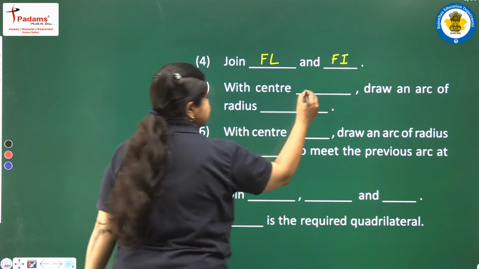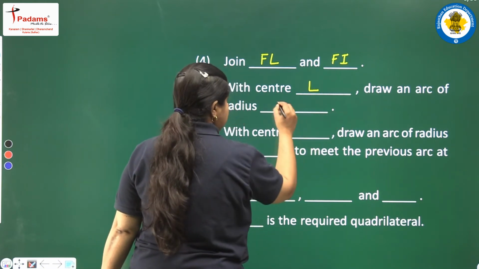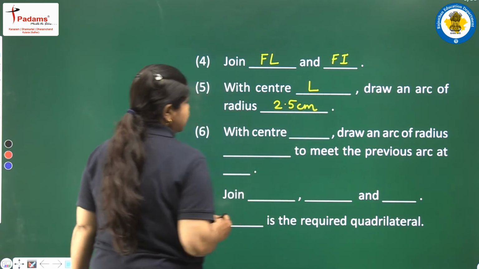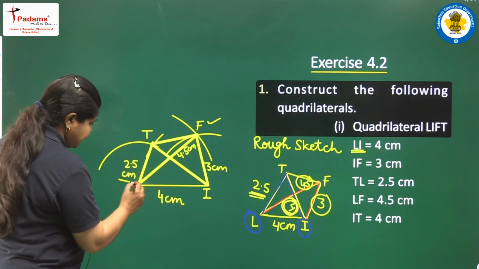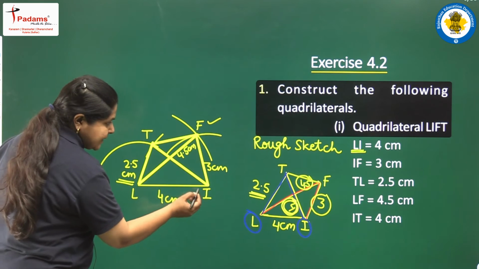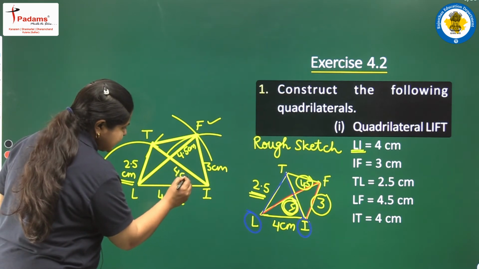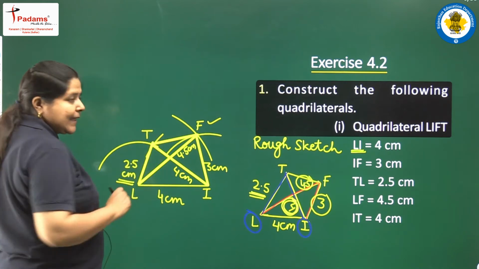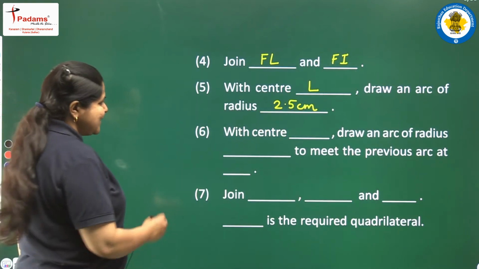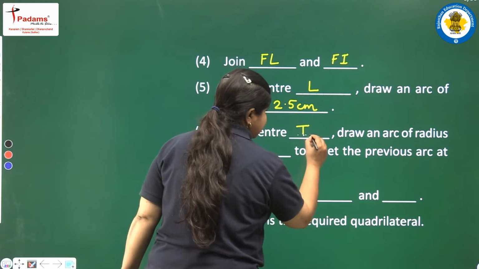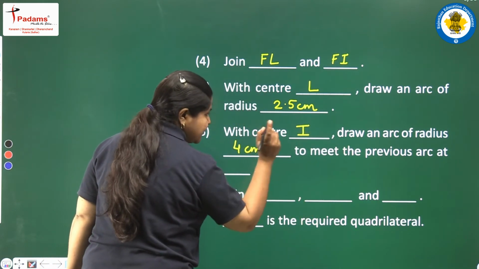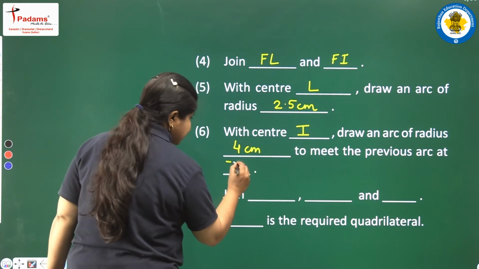Then with center L, draw an arc of radius 2.5 centimeter. You can see here. Again with center I and radius 4 centimeter, draw an arc to meet the previous arc at point T. So with center I, draw an arc of radius 4 centimeter to meet the previous arc at T.